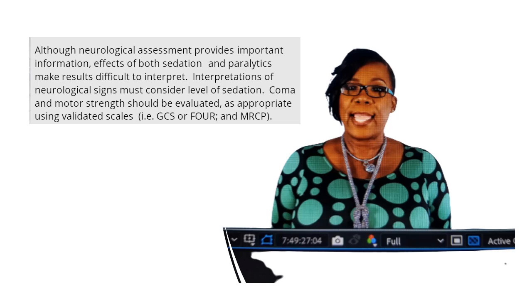Interpretations of neurological signs must consider level of sedation. Coma and motor skills should be evaluated as appropriate using validated scales such as your GCS or your FOUR and MRCP. We will discuss all of these scales in this course.